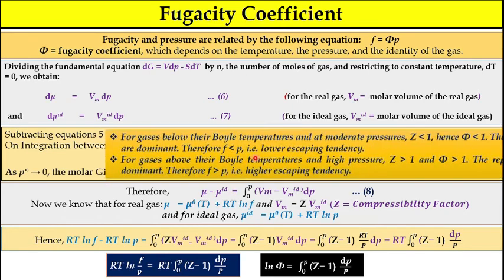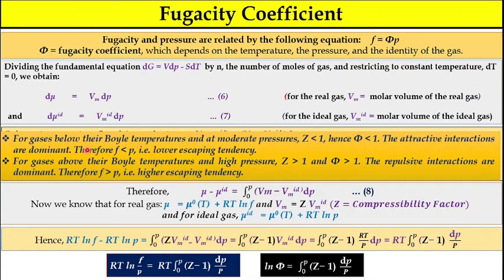Now what I can say, for gases below their Boyle temperature and moderate pressure, Z value is less than 1. You know that at low pressure and moderate pressure, Z value is less than 1. Hence, if the Z value is less than 1, then you can write that phi is also less than 1.